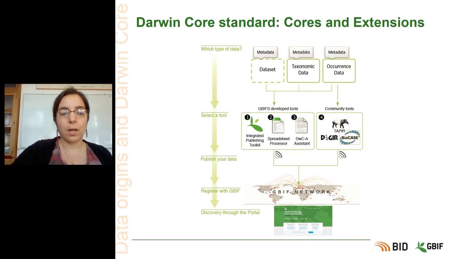Once you have published your data using the IPT, your data will be available online on the GBIF data website that you can see at the bottom of this slide.